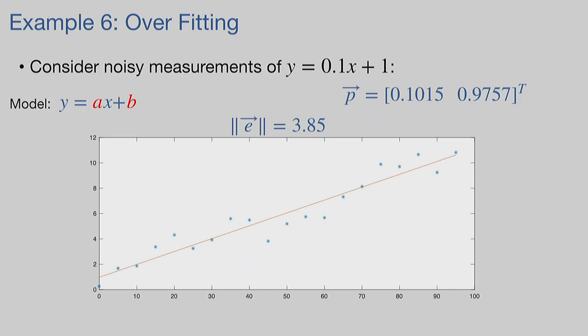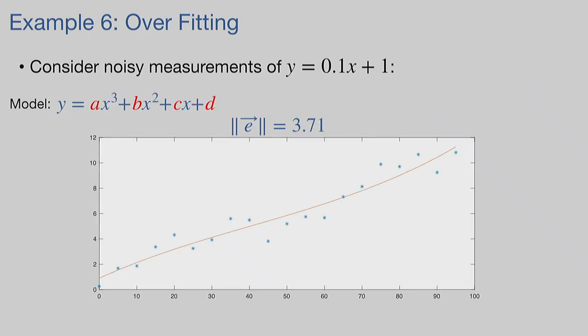Let's try. Let's find a new model. Say somebody says, no, this data is not linear, this data comes from a third order polynomial. And you go like, no, this comes from linear. And you go like, no, it's third order. Let's see which one is better.